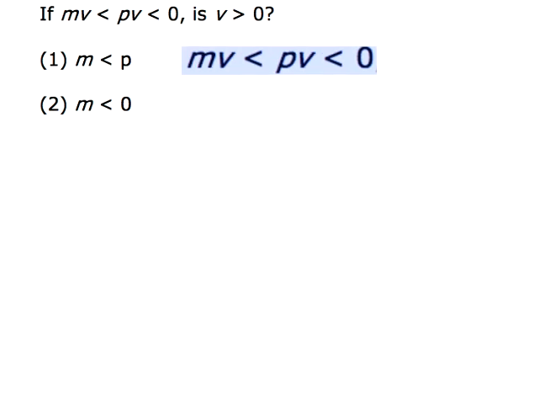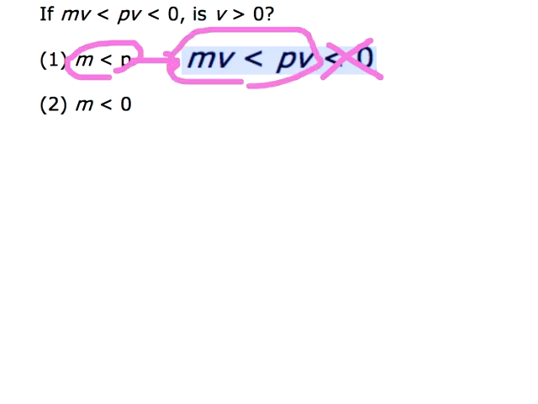If you're going to do statement 1, you're basically just not using this part of it. And if you look at this and this, it might jump right out at you that v has to be positive. The 0 in there makes it look more complicated than that, but oh, hey, the sign is preserved. So this means that v has to be positive.